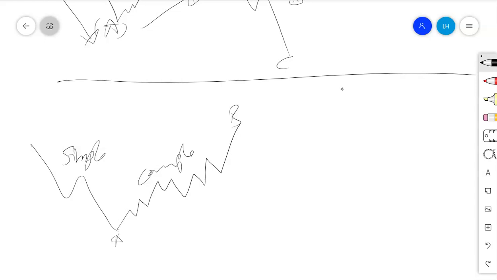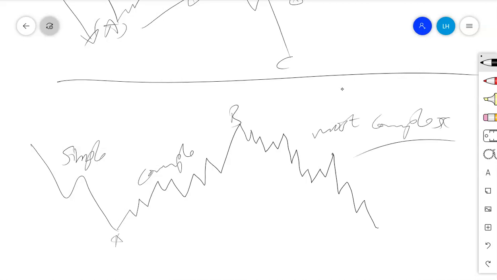The most complex wave will be something like 1, 2, 3, 4, 5, then A, B, C, 1, 2, 3, 4, 5, then A, B, C, then 1, 2, 3, 4, 5 to the downside. So now this is what we call the most complex structure.